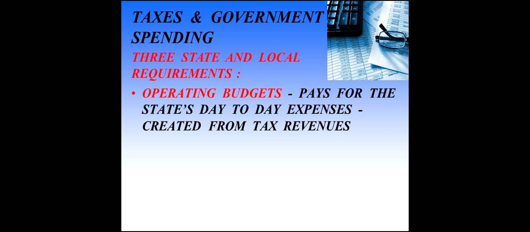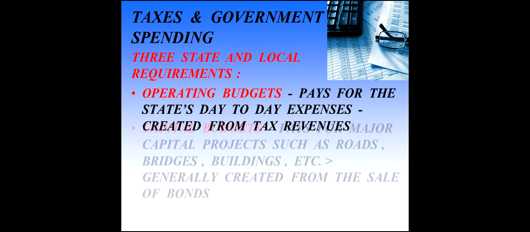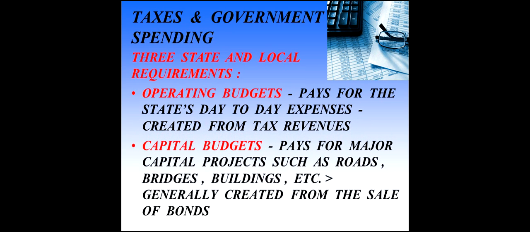The first is that they're required to have operating budgets. That money comes in from tax revenues and pays for the state's day-to-day expenses. But they also have what's called capital budgets. The money that goes into capital budgets pays for major capital projects such as roads, buildings, bridges, etc. And there's two sources of funds coming into the capital budget.